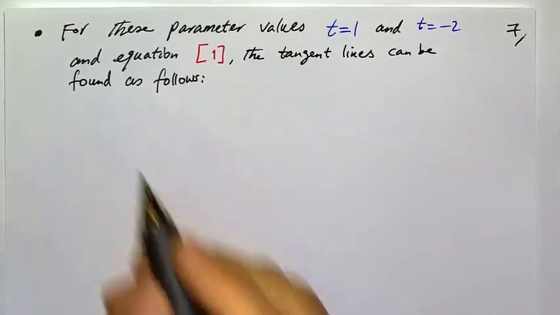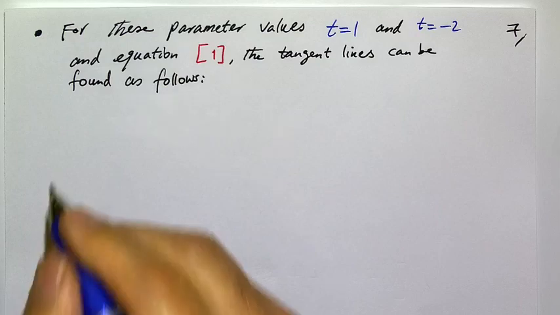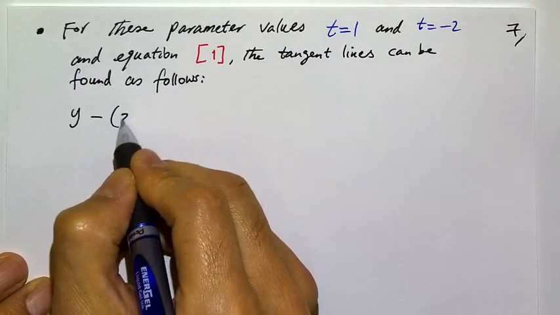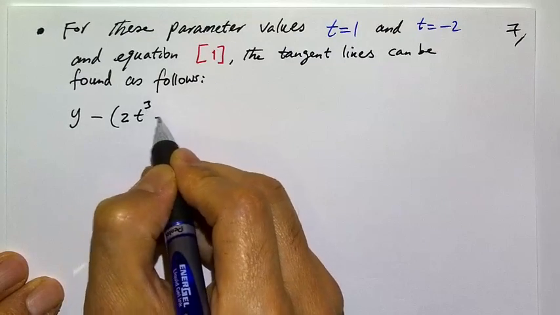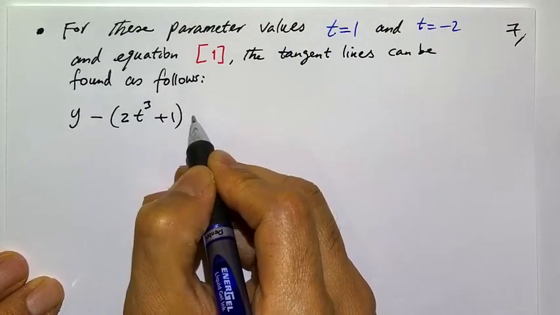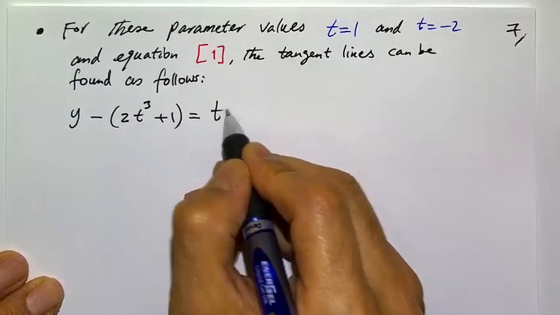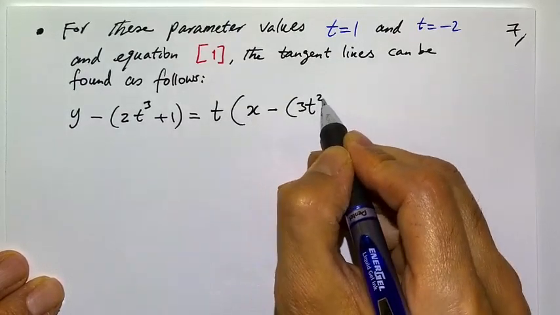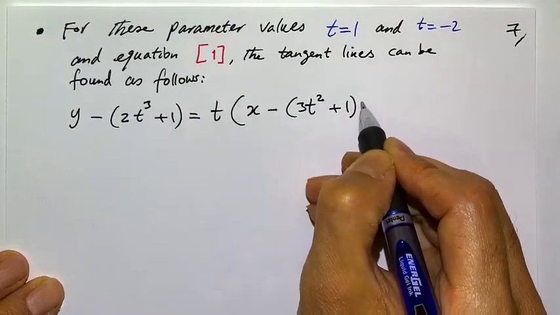So I'll just rewrite equation 1. y minus (2t cubed plus 1) equals t times (x minus (3t squared plus 1)).